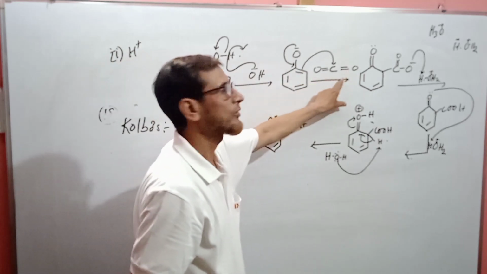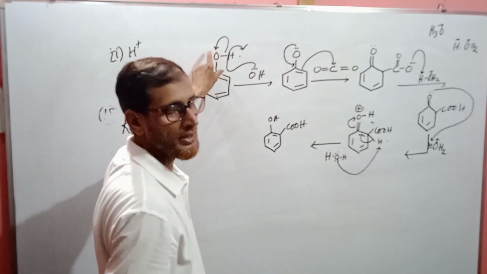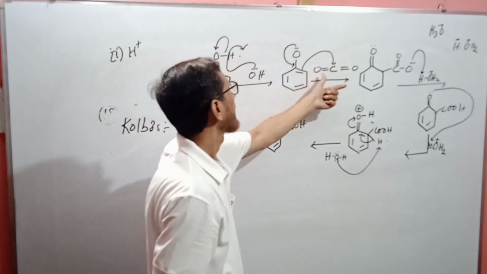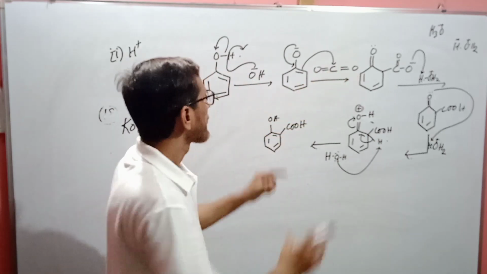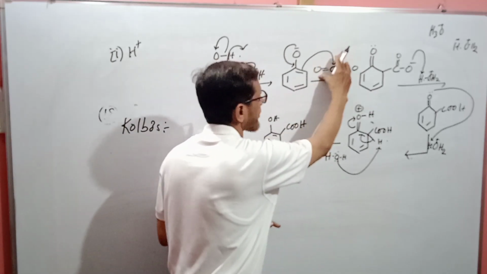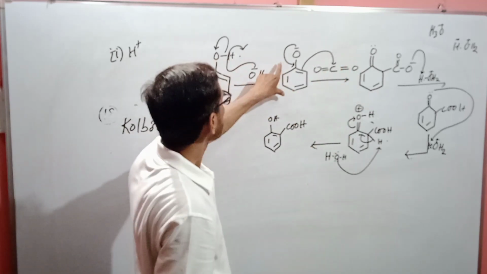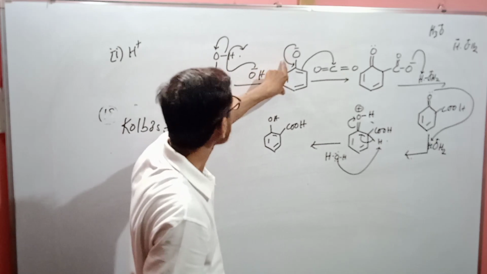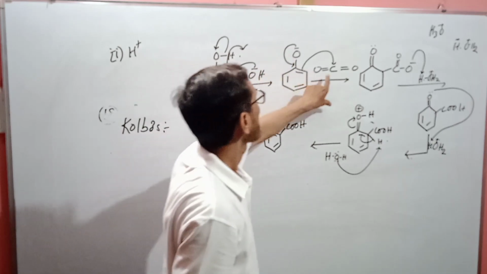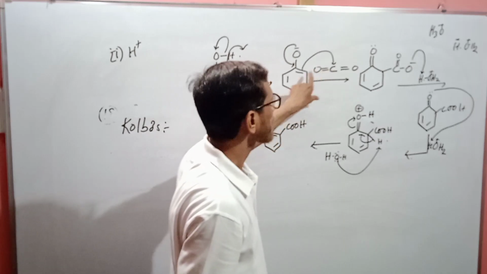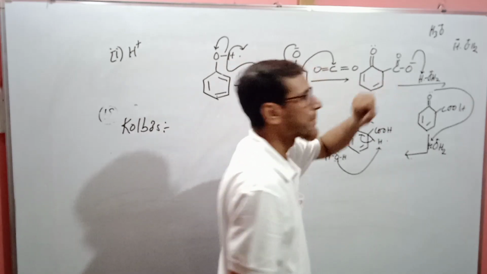Phenol cannot facilitate introducing carbon dioxide in the ring. Due to the greater reactivity of phenoxide ion than phenol, carbon dioxide is introduced in the ring.